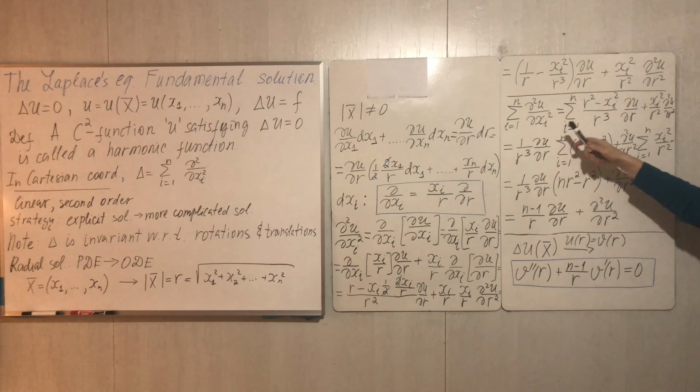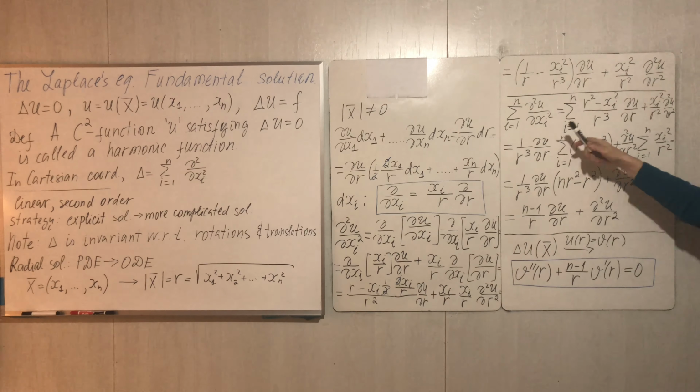Our Laplacian is then transformed into this second order ODE. Here I replaced u of x, the function of the vector x, with a function of the single variable r, and I changed the name of our function, calling it v of r.